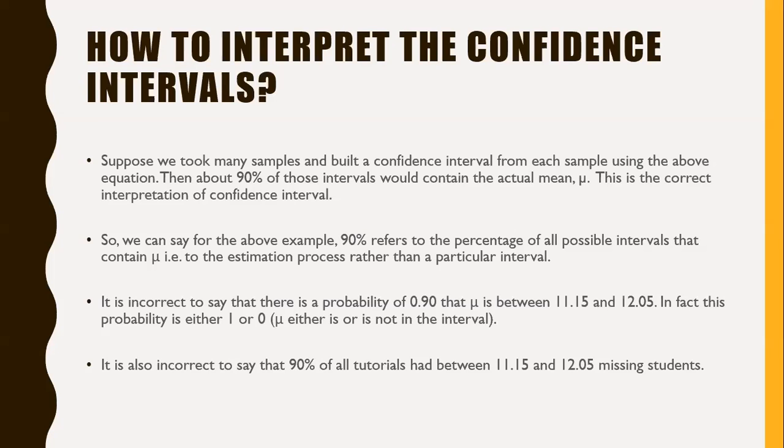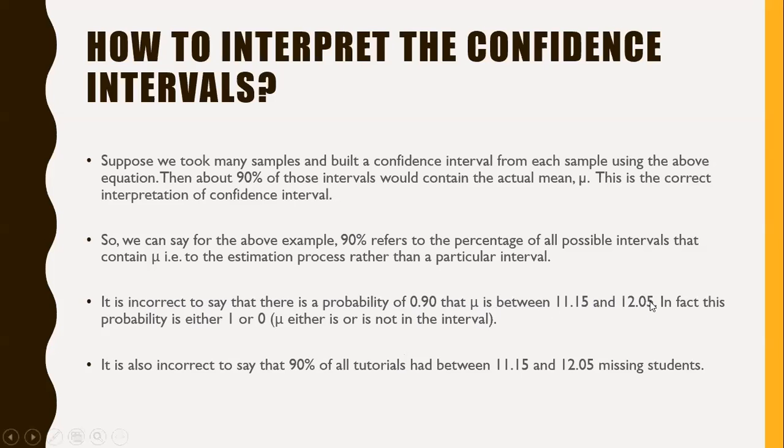Normally, for the result that you obtain from the previous sample, you can say it this way. It is incorrect to say that there is a probability of 0.9 that your population parameter, the population mean, is between 11.15 and 12.05.